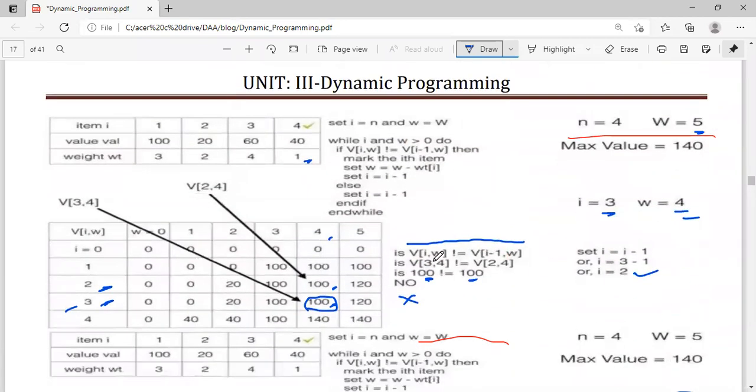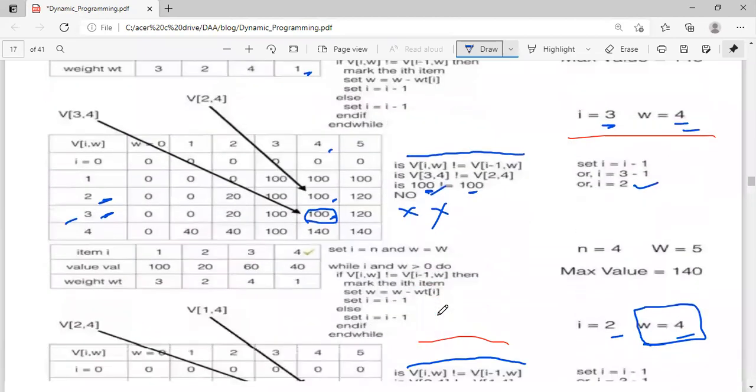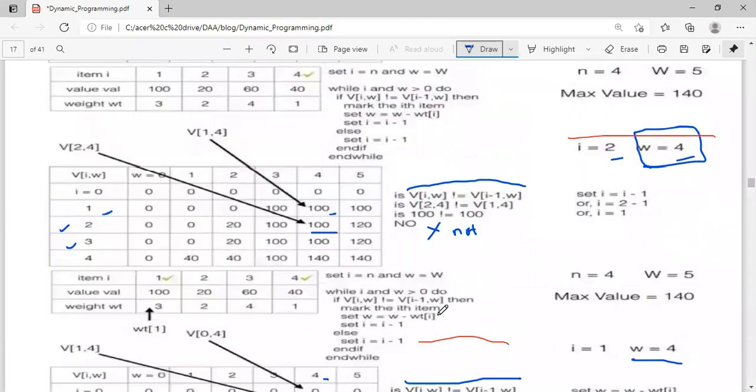Here also we need to check 3 comma 4 and 2 comma 4. Both are equal, which means this item is not included. You can check, here 100 and here 100. So both are equal, so this item is not going to be added. Next, 2 comma 4 and 1 comma 4.